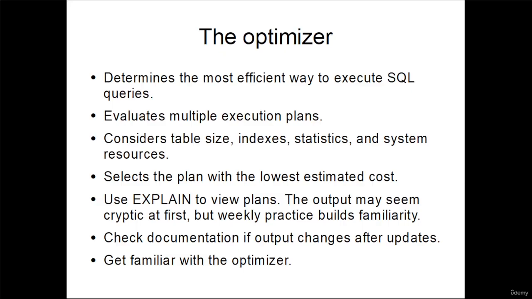It evaluates multiple execution plans, considering factors like table size, indexes, statistics, and system resources, and selects the plan with the lowest estimated cost. While both Postgres and MySQL have robust optimizers, their approaches differ in complexity and capabilities. Let us explore how they work, how to interact with them, and why regular practice is key to mastering their output.